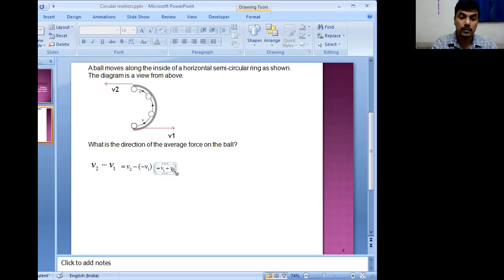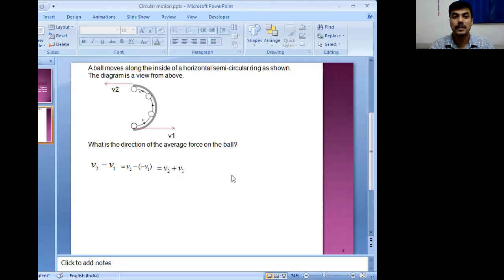Now, the magnitude of the change of velocity was never the focus of this question. Look into this. This subtraction has the same direction as V2, because when we are doing the subtraction, we are actually doing V2 minus of minus V1, and minus of minus V1 means plus V1, which means it is in the same direction as V2.